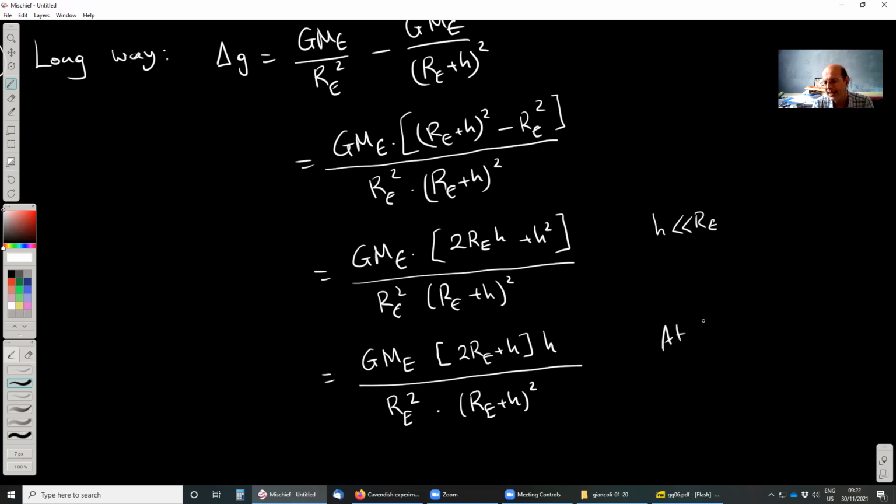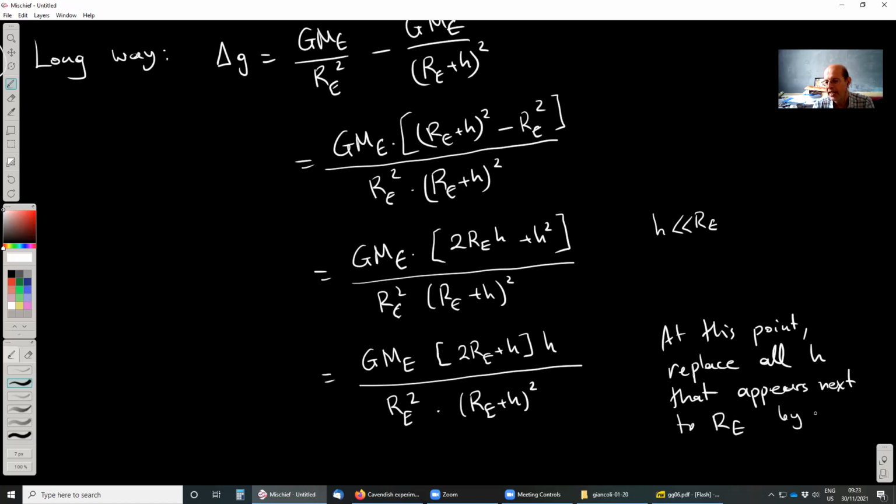So let's say it like this: at this point, right? Replace all h that appears next to R_E by zeros. All right, so that's the important part in here.